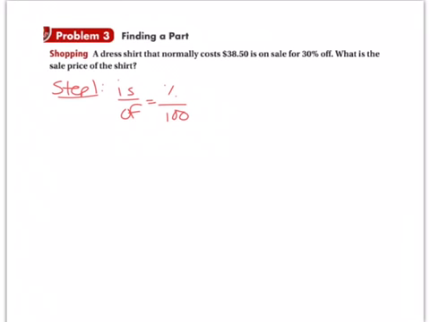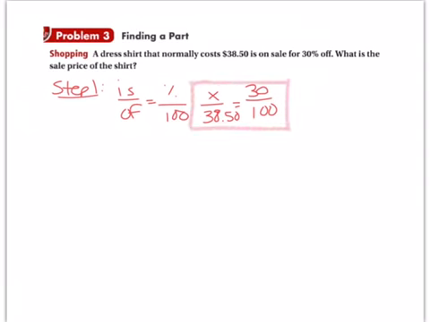So what they're telling me is that it's 30% off, so I know 30 is going to go in the percent box, and I need to figure out what 30% of $38.50 is. So this is going to be my proportion.